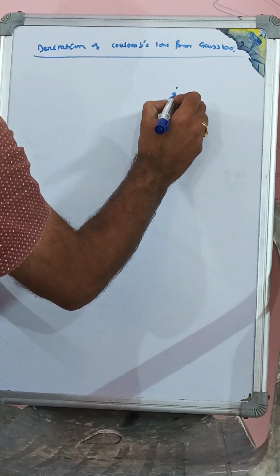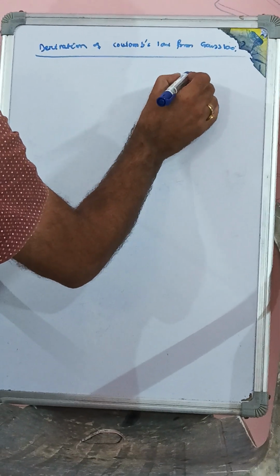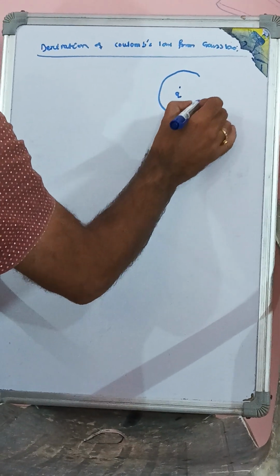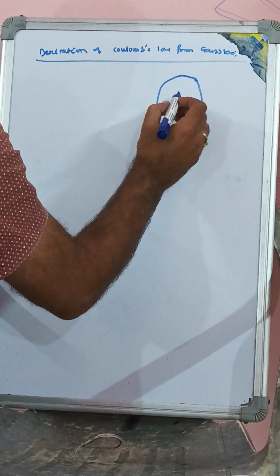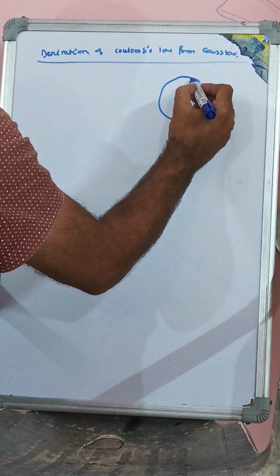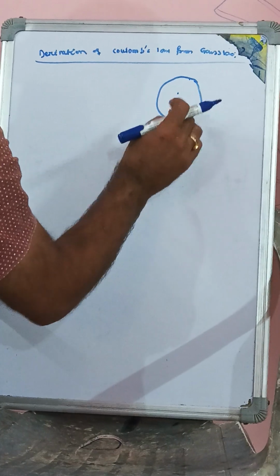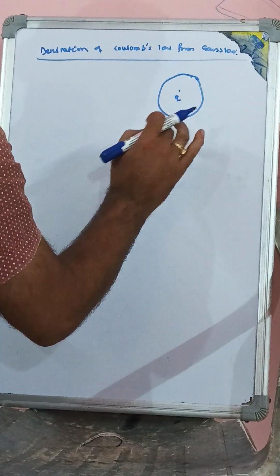Consider a point charge q and imagine a sphere around point charge q, and the electric field lines are outward from the center.